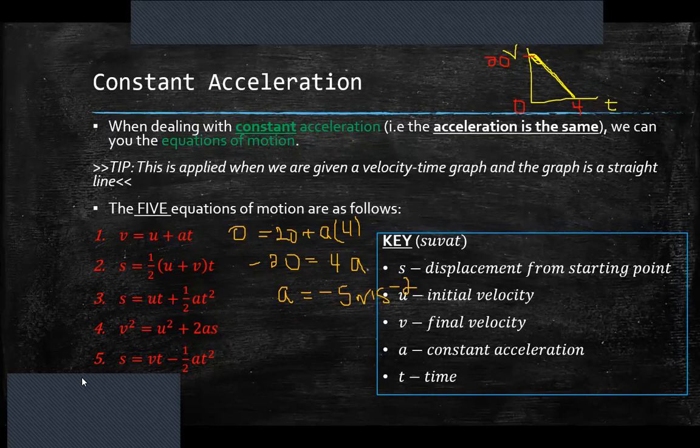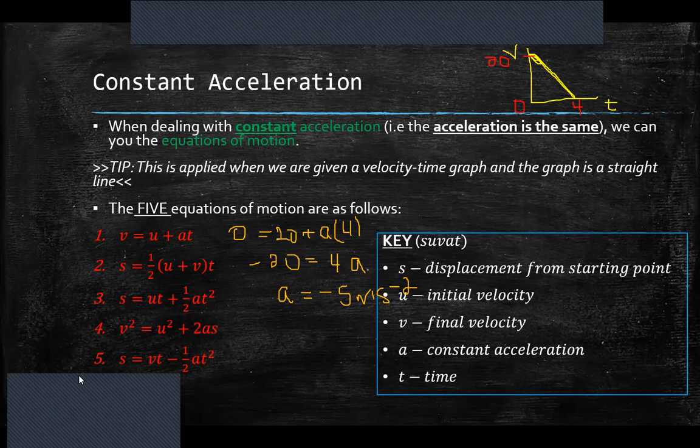The definition of a deceleration or retardation is a negative acceleration. So the value of my acceleration is negative 5. All that means it's a deceleration, meaning that my velocity decreases. And you could see it here, right? It goes from 20 to 0.